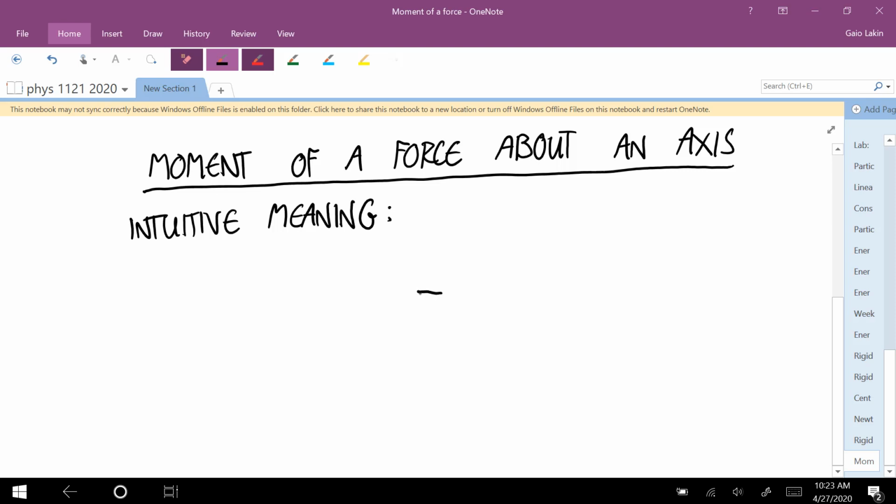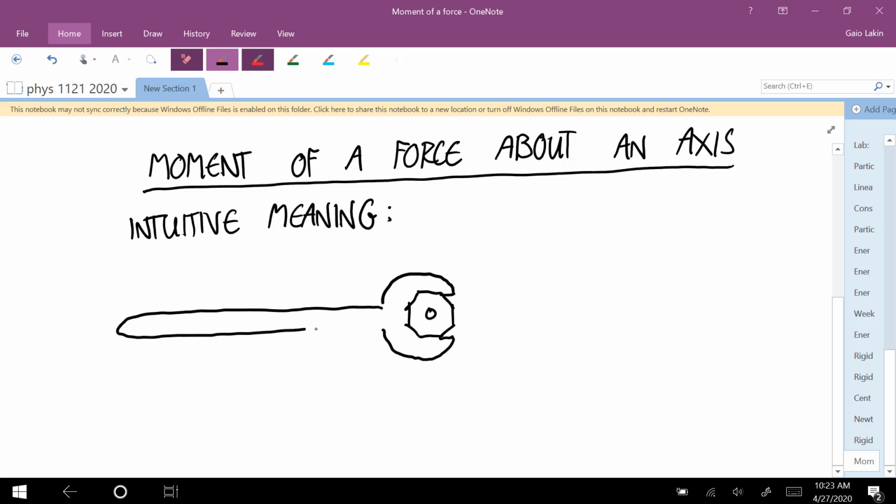Okay, so let's say that you're trying to cause a rotation of this bolt, and you're trying to cause that rotation by applying a force to this wrench. Let's say that you're capable of applying a force of 100 newtons to this wrench.